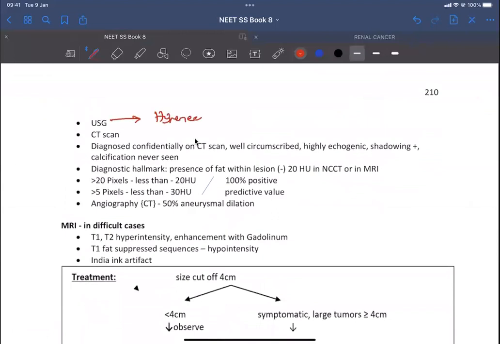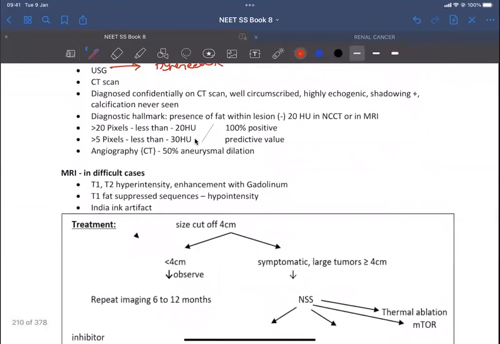It is seen as a hyperechoic lesion on an ultrasound. On a CT scan, intralesional fat. That's the pathognomonic feature. Intralesional fat should raise the suspicion of an angiomyolipoma.